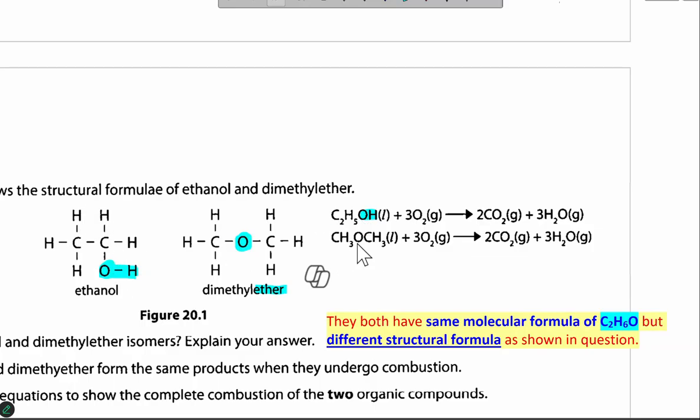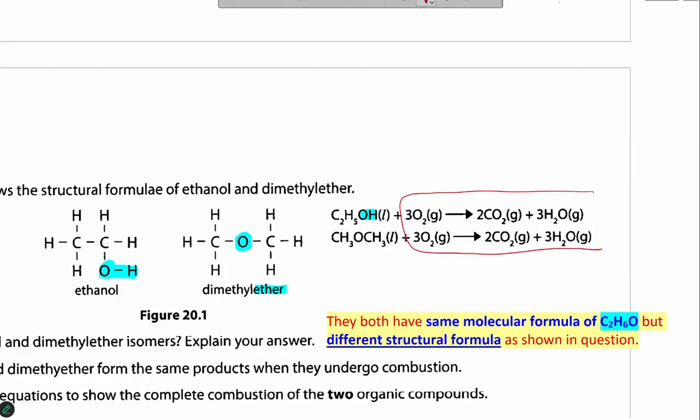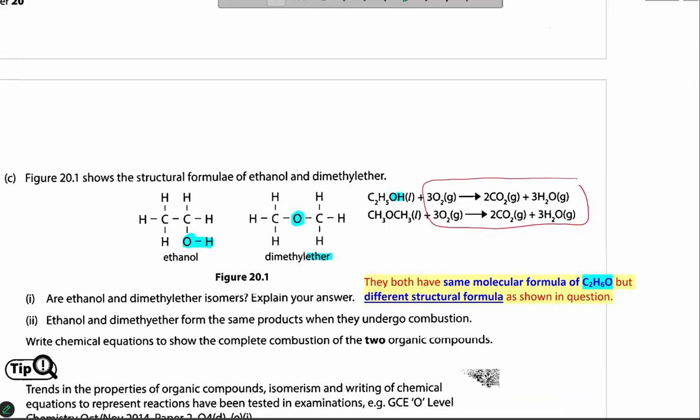There's O here. So I put CH3OCH3. That's how I write this formula. Okay? No need to split out this CH3CH2OH, no need. Just put C2H5OH. And then you must have everything else identical. Why? Because they are the same molecular formula. What else can you expect? Okay? So that's the answer for writing the equation for the two compounds.